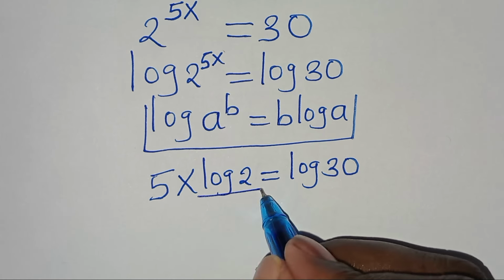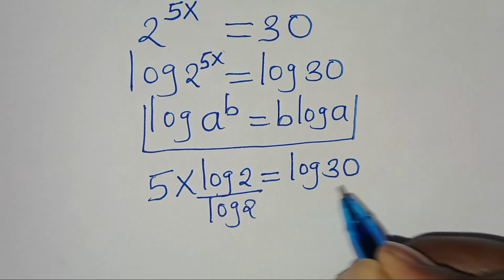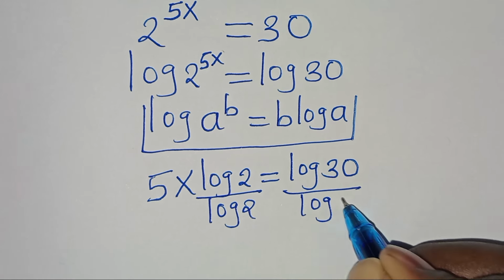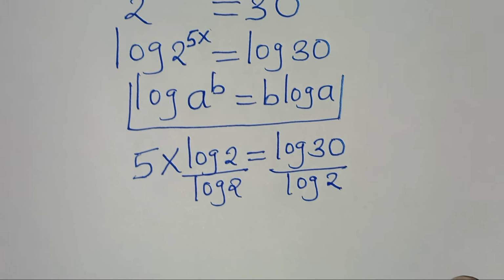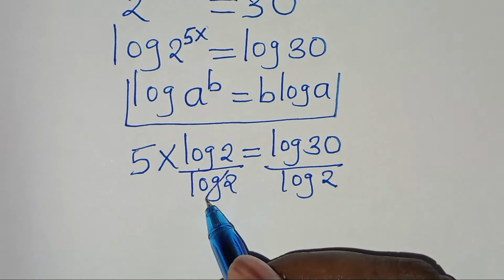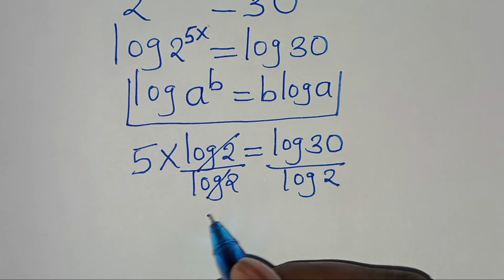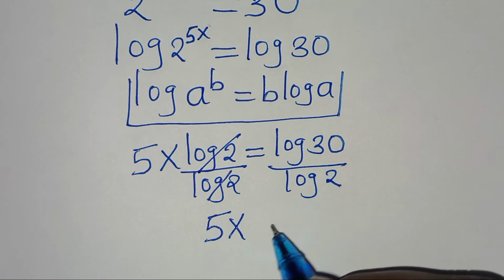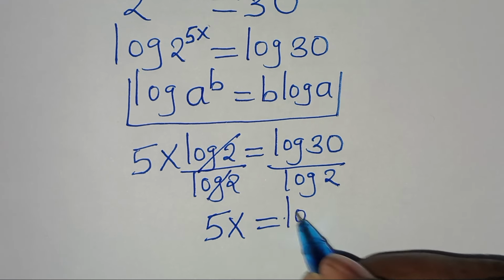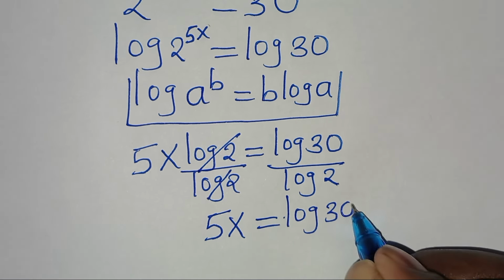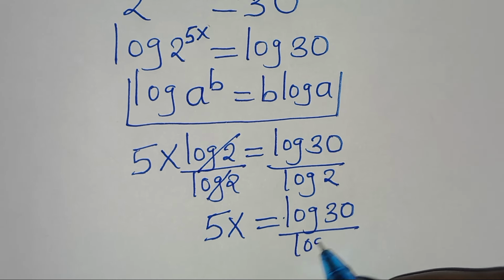So let's divide both sides by log 2. Here we have log 2. So we can simplify log 2 and log 2 here, so that now 5x is equal to log 30 divided by log 2.